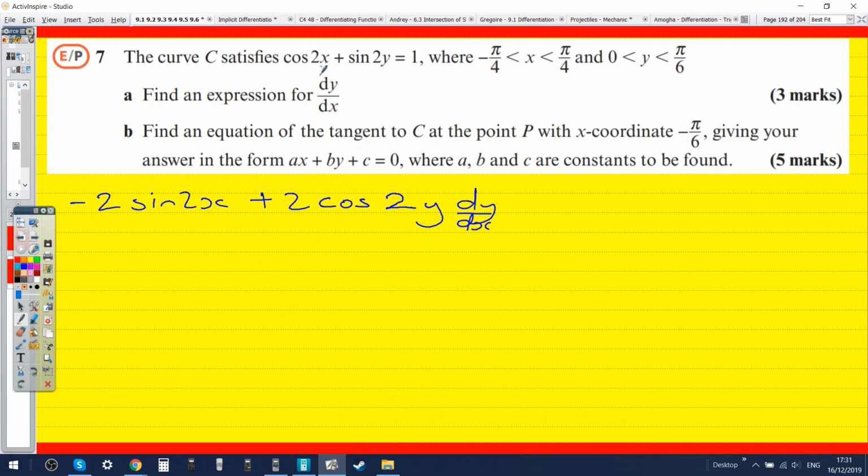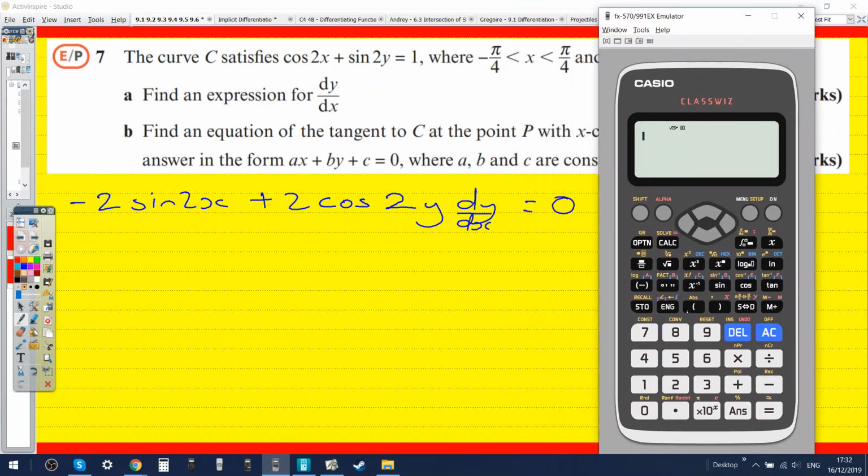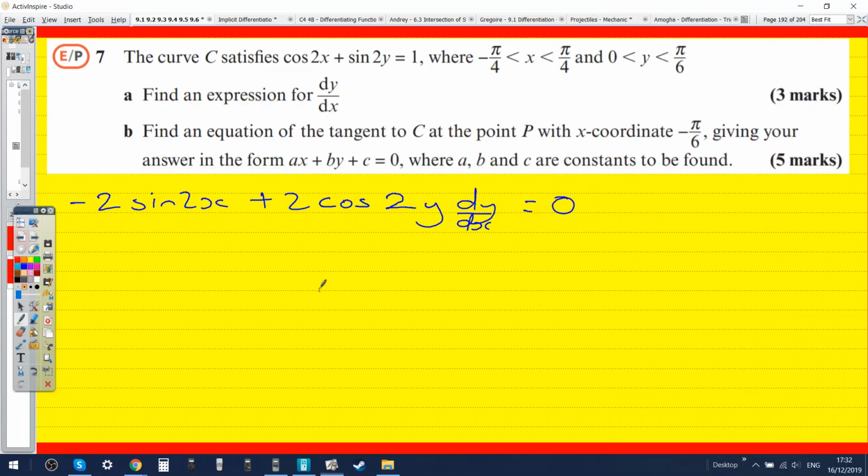So this stays as 2y, and then it just has dy dx after it. Is equal to 0. So dy by dx is equal to 2 sine 2x over 2 cos 2y. Oh, they wanted that, didn't they? Yeah, they did.